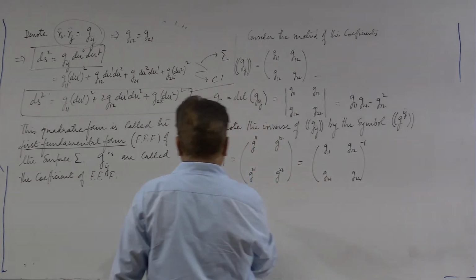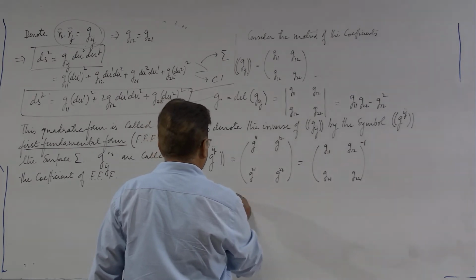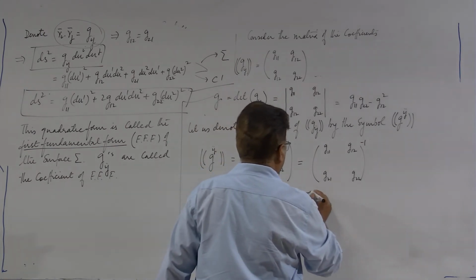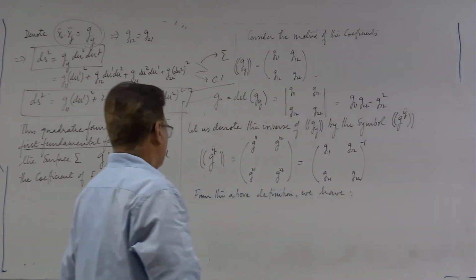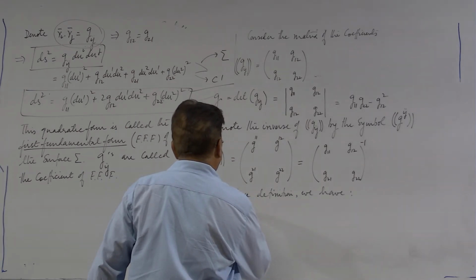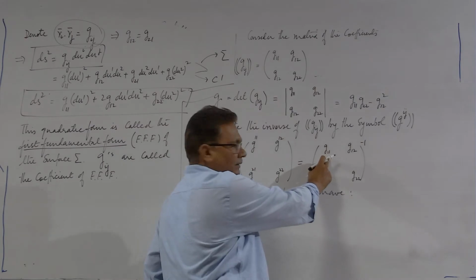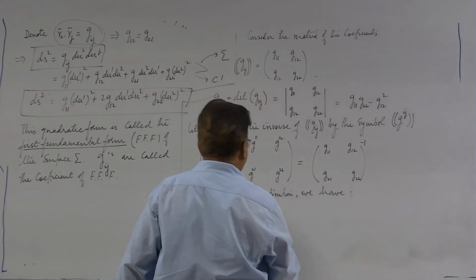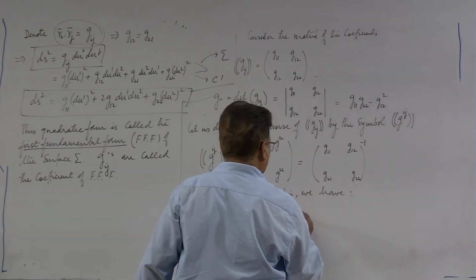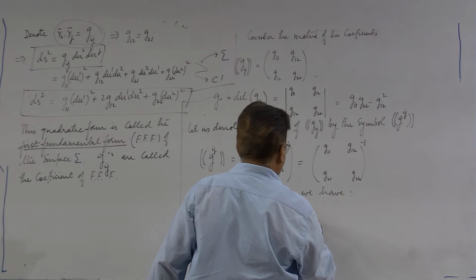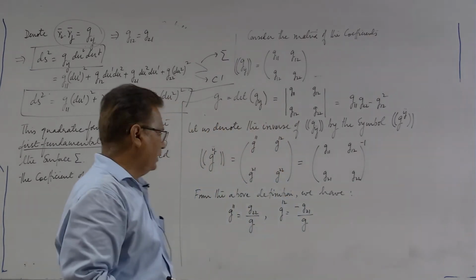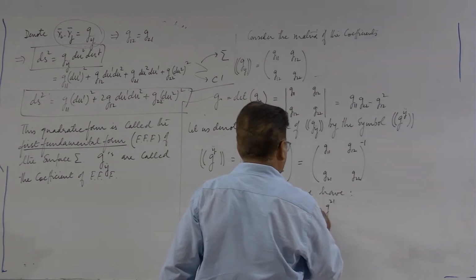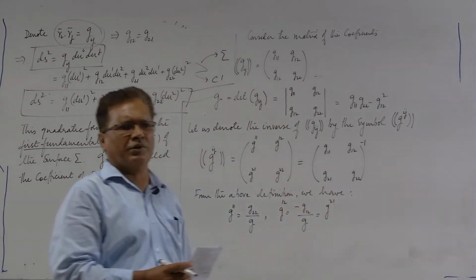From the above definition, we have G upper 11 will be the cofactor of G lower 11, that is G22 upon the determinant, so this is G22 upon G. G upper 12 will be equal to minus G21 upon G, and G upper 21 will also be the same, because G12 and G21 are the same, and therefore G upper 12 is the same as G upper 21.